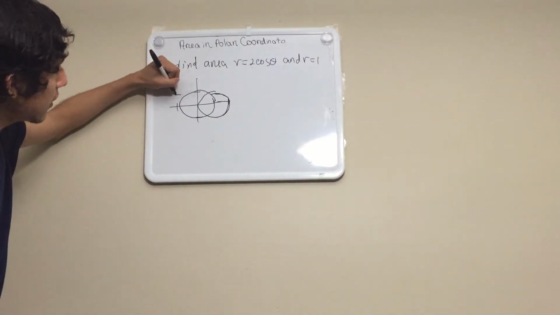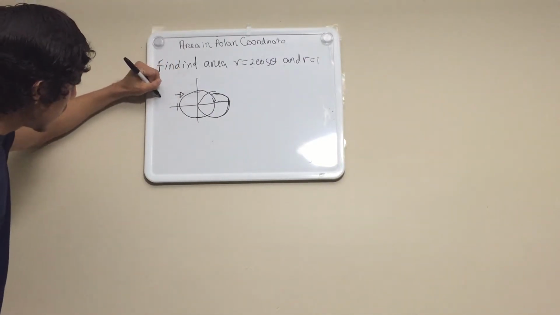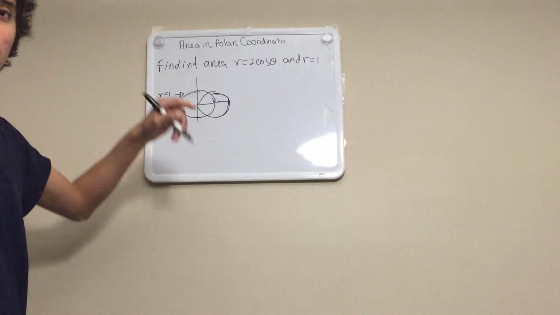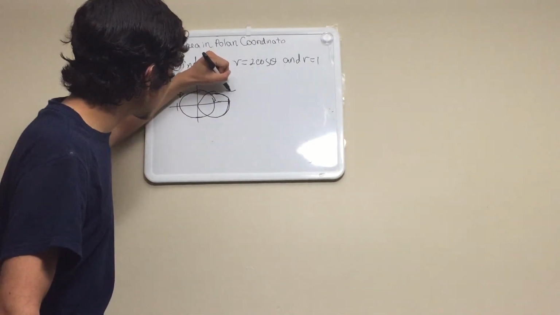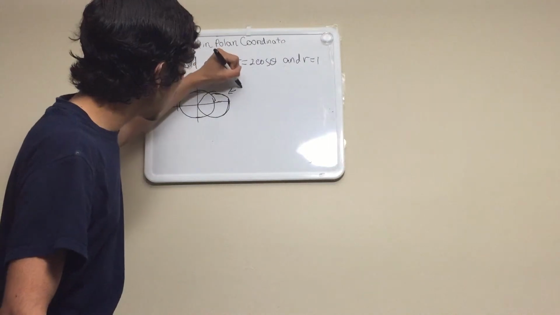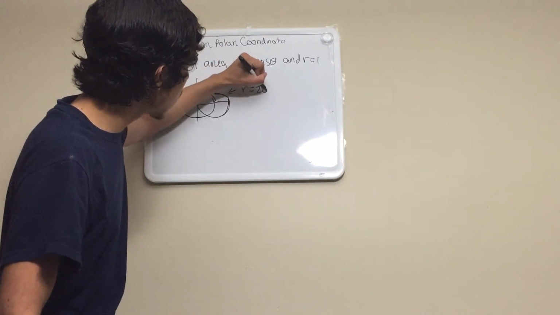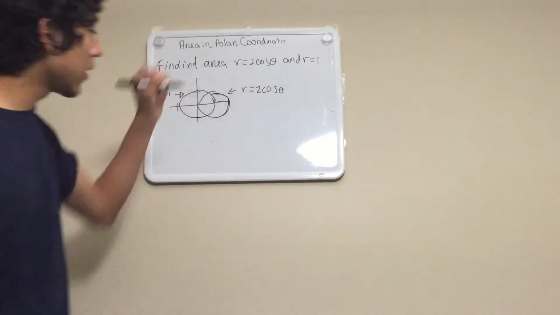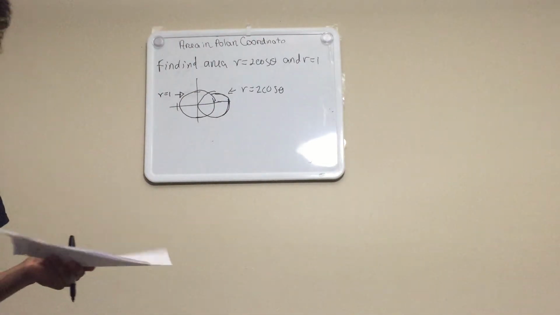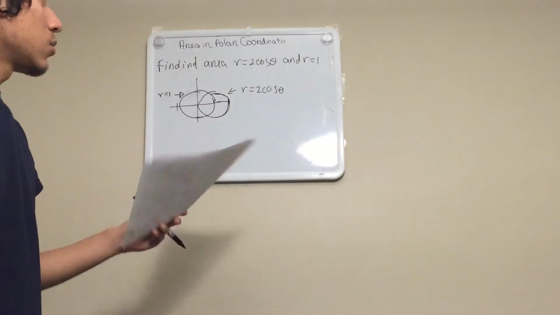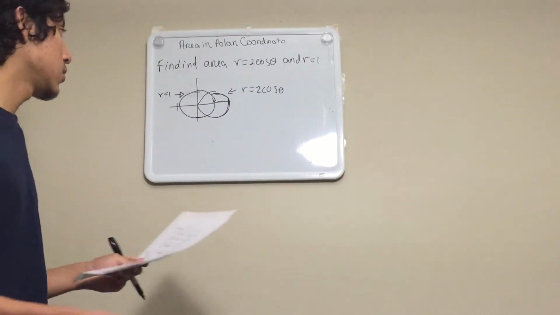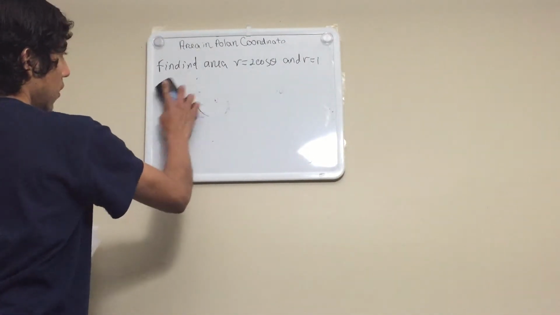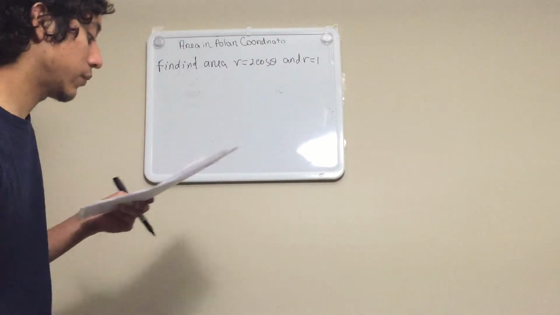We know that this right here is r = 1, and this is the graph of r = 2 cosine theta. To integrate that, we have to set them equal to each other, solve, and find our intervals.